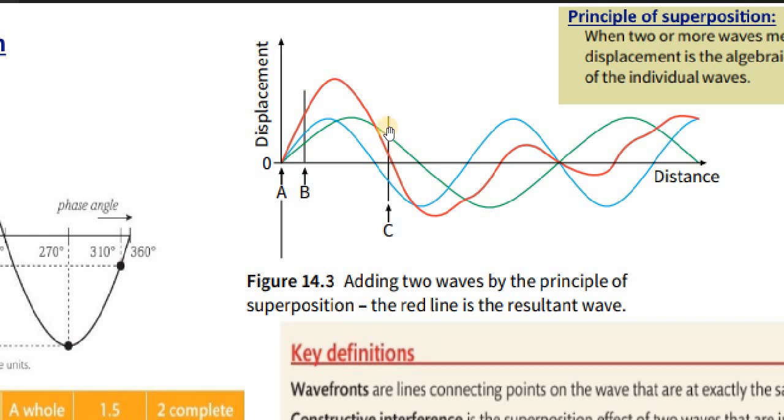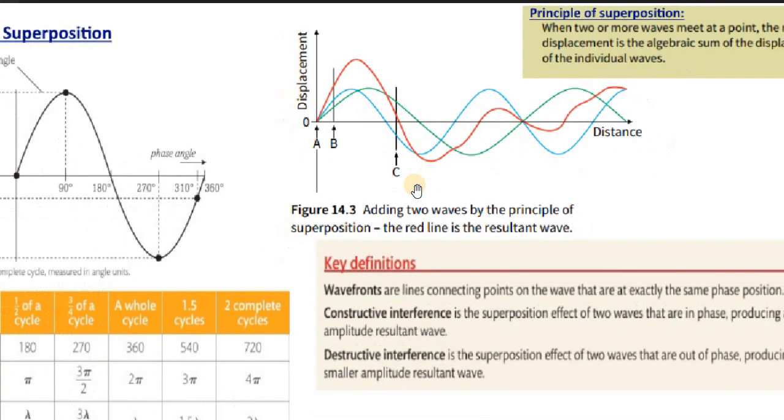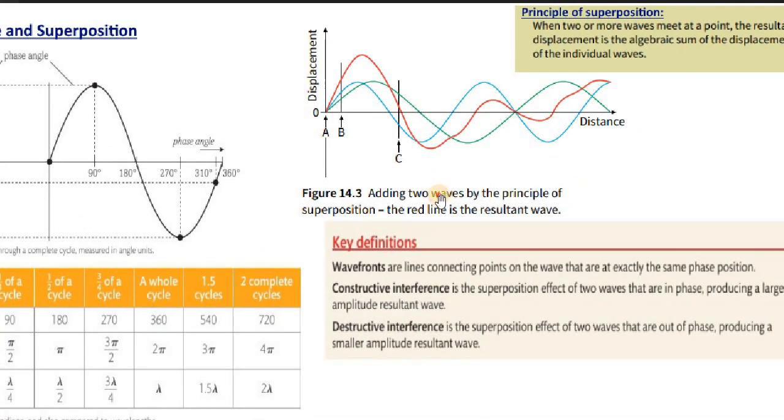Then from here to here, the blue wave, the displacement is, let's say, minus 3. Plus 4, minus 3, then this will be plus 1. Okay, so that's how you figure out the displacement of the resultant wave.